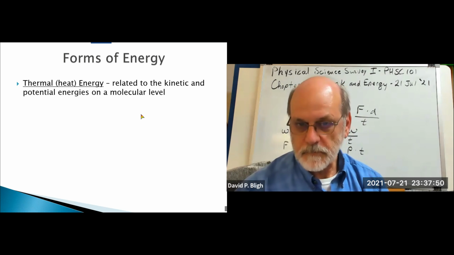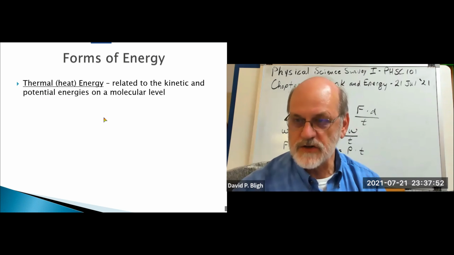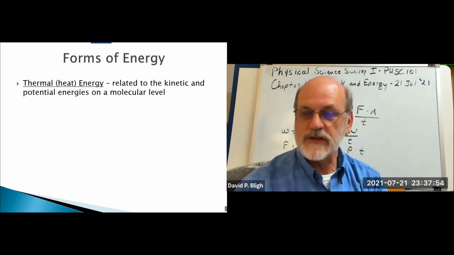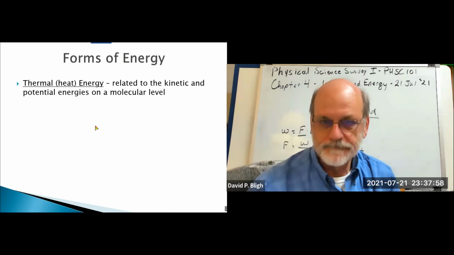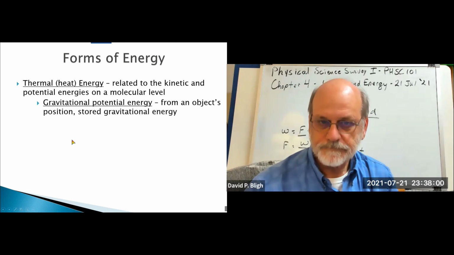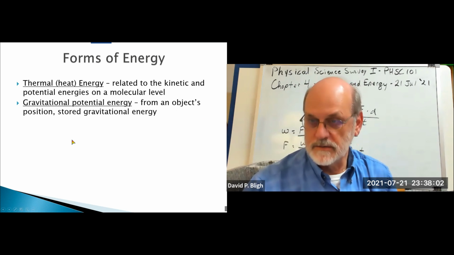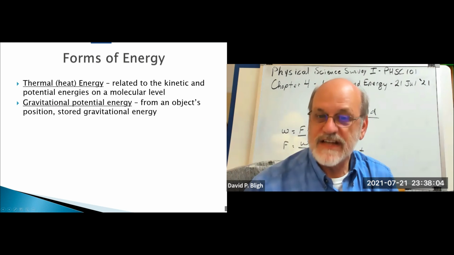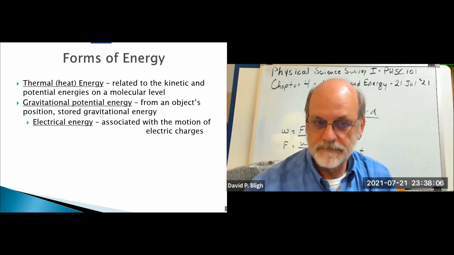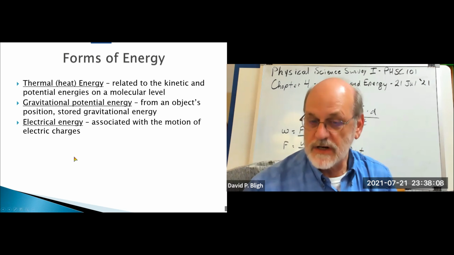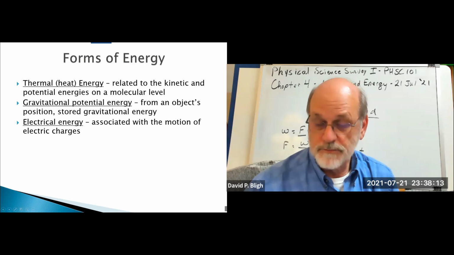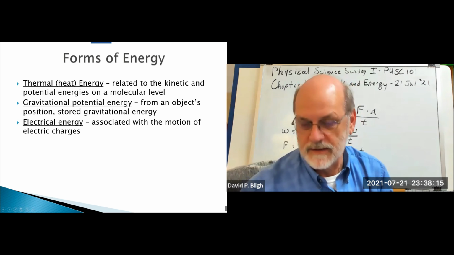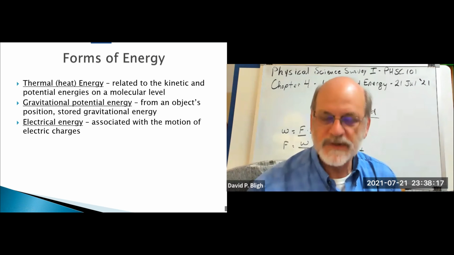But they also have potential energy in terms of transferring that heat to some other form. We've talked about positional energy, which is gravitational potential energy. Electrical energy, right? Based on, say, a charge in a battery. A battery has stored potential energy.